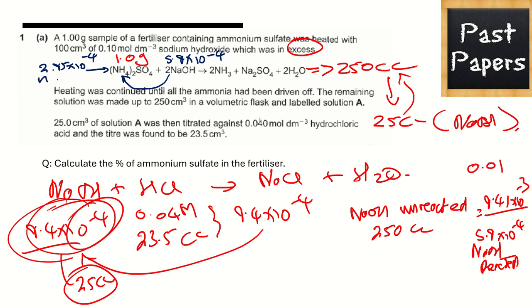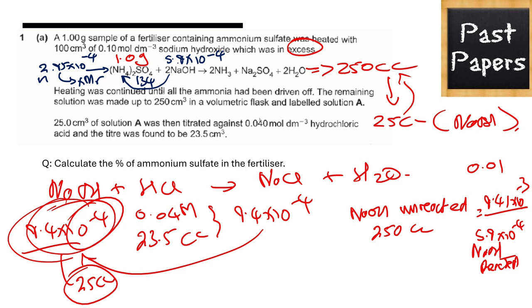Now I can convert that into a mass of ammonium sulfate by multiplying it by the MR of ammonium sulfate. Let me work out what that is. So that is 36 plus 32 plus 64. It's 132 if I've punched in the buttons right in my calculator. Sorry, that's 134 is the RFM of that.